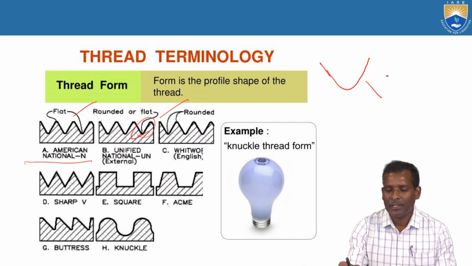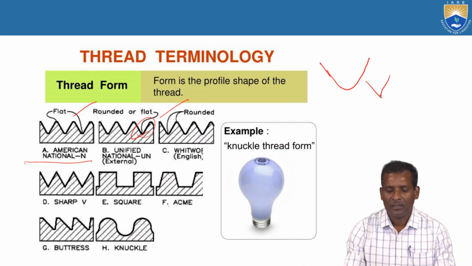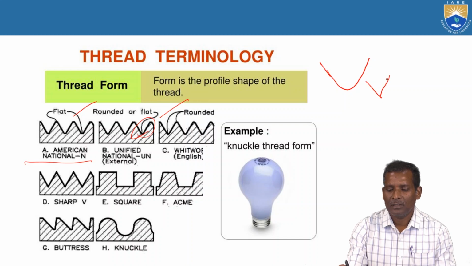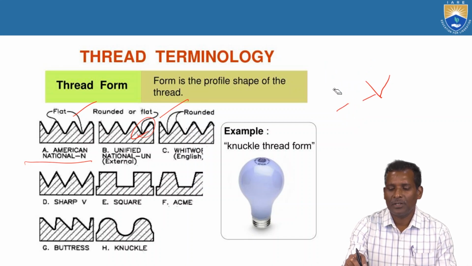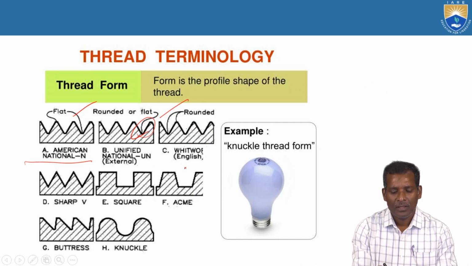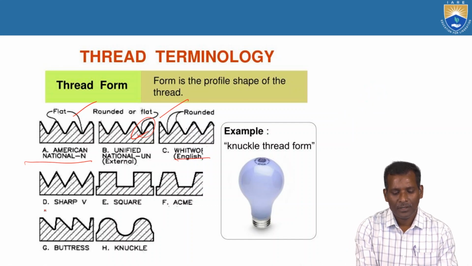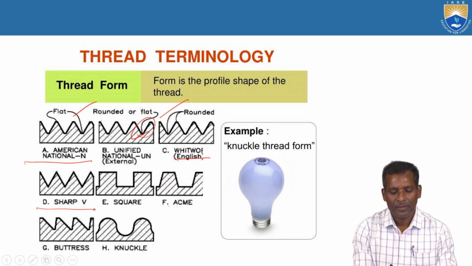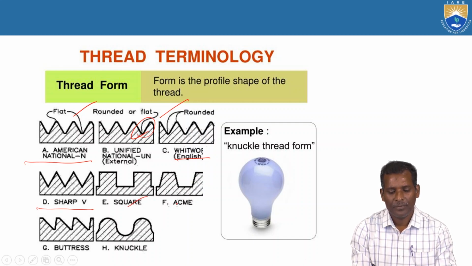The shape of the thread is supposed to be like this. So these are the shapes of the thread forms: Whitworth, sharp V, square type, and acme thread.